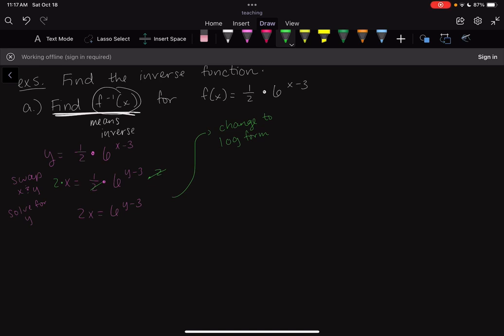Now my base in this case is 6, so it'd be log base 6. Logs are equal to exponents, so that's equal to y minus 3. And now my 2x is in these parentheses. To finish solving for y, I'll add 3 to both sides. And then we finish it off with our notation for the inverse. And we're done.